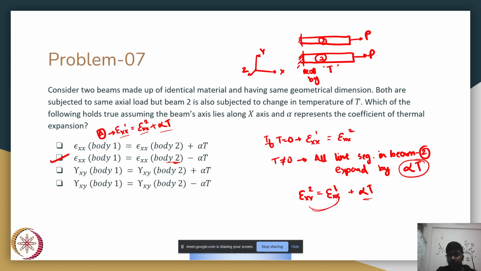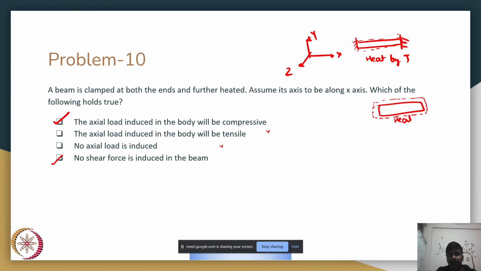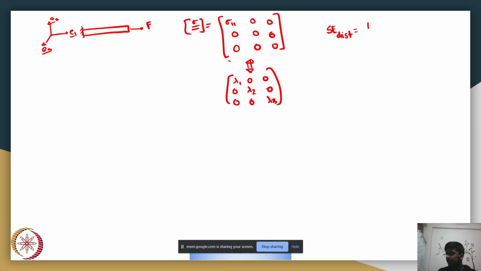And my strain energy of distortion would be, sorry, I need the formula again. Yeah, my strain energy of distortion would be (1 plus nu) upon 3 times (sigma 11 square plus sigma 22 square plus sigma 33 square minus sigma 11 sigma 22, sigma 22 sigma 33 and sigma 33 sigma 11).